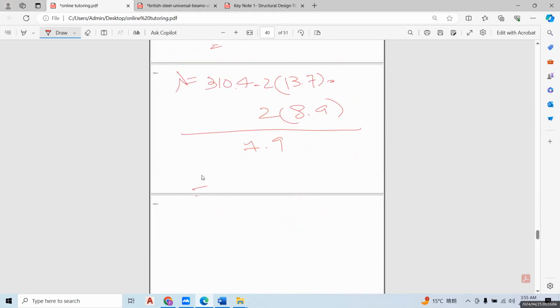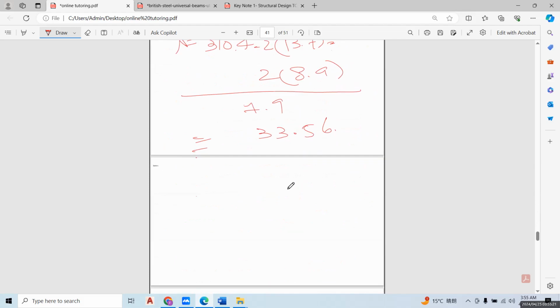I am calculating the values. So this is 33.56.